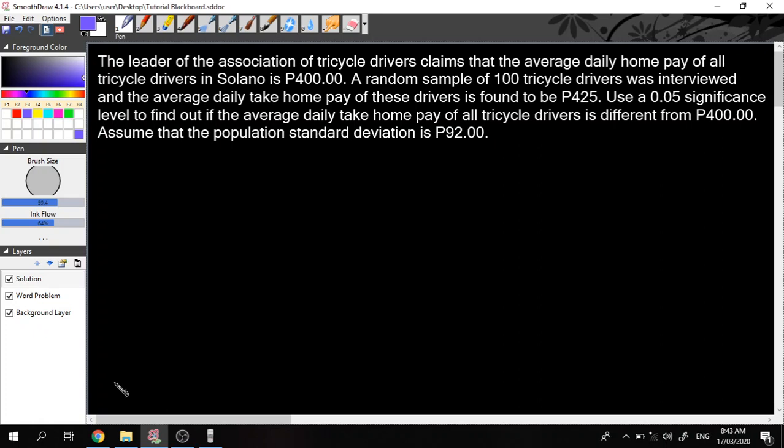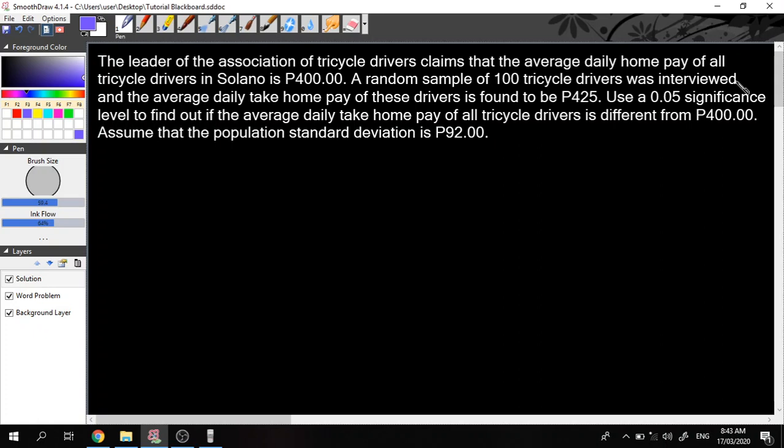So again, ito pa rin yung ating example. The leader of the Association of Tricycle Drivers claimed that the average daily take-home pay of all tricycle drivers in Solano is 400 pesos. A random sample of 100 tricycle drivers was interviewed and the average daily take-home pay of these drivers is found to be 425 pesos.